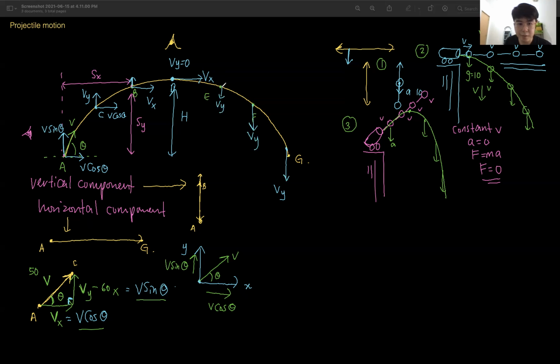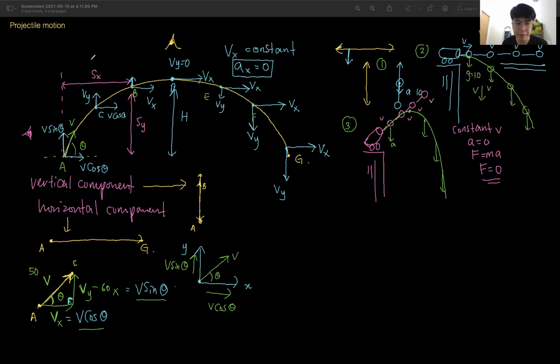What is your Vx? Same. Vx, Vx, Vx. At any point along the projectile, your Vx is constant. That means your acceleration in the horizontal direction, Ax, 就是零，因为你的 velocity 没有变嘛，所以它是 zero acceleration. That is for the horizontal. The vertical, 10.